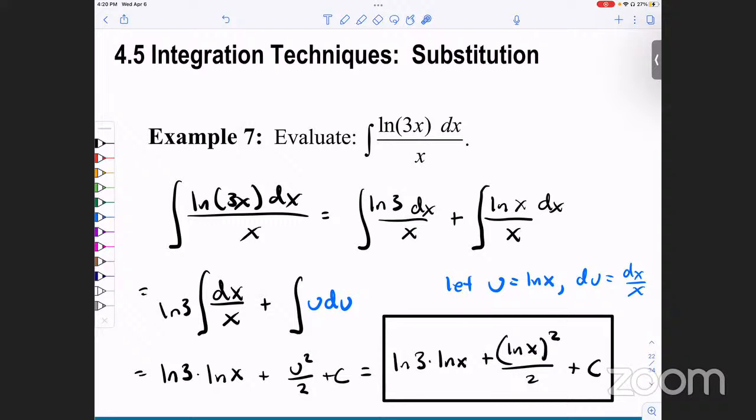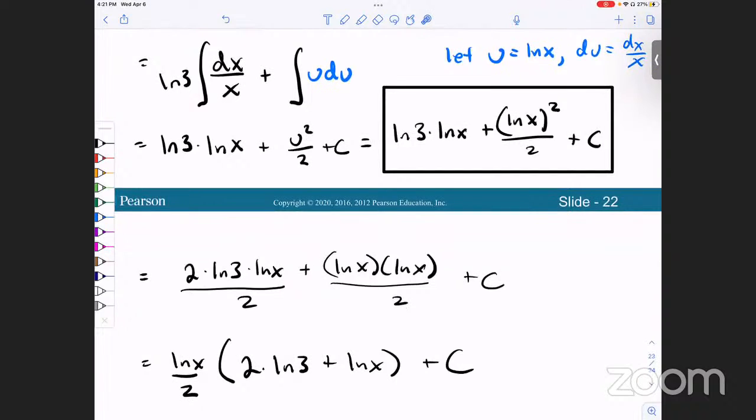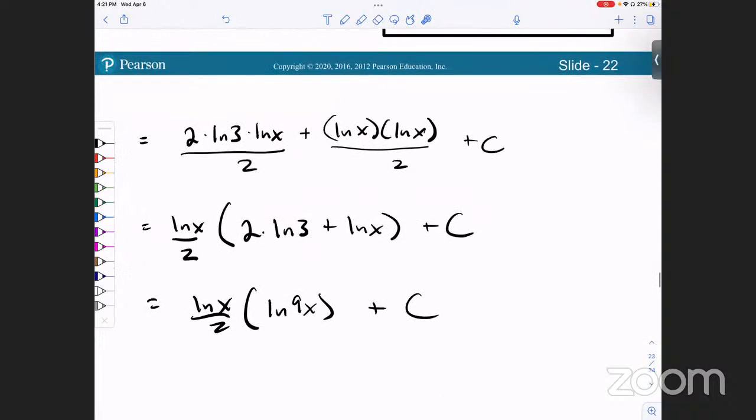Out the ln x, you're going to get x. That's going to be the natural log of 9 plus the natural log of x, natural log of 9x.